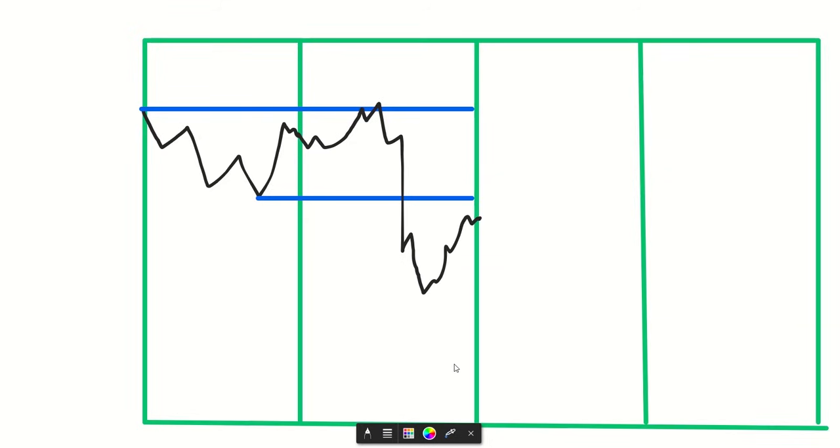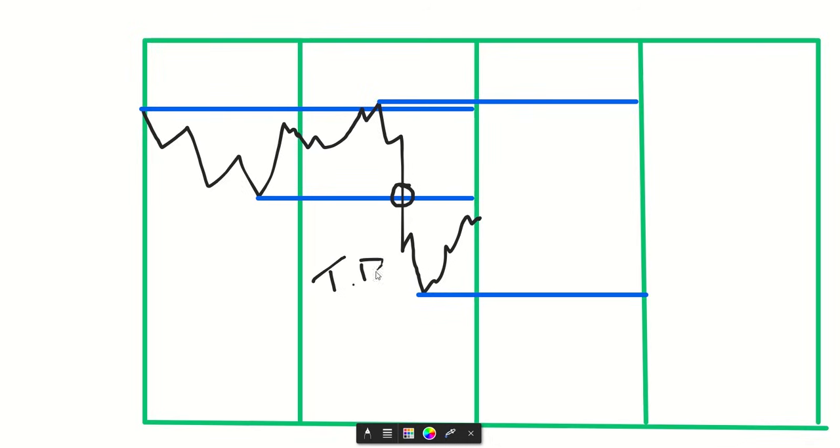This is a day that gives us a lot of information. First of all, it tells us that we have a high here and a low here, but that's not all. Also know that this day has now broken this area here. It has broken the low of the previous day, so this becomes a trend day to the downside.